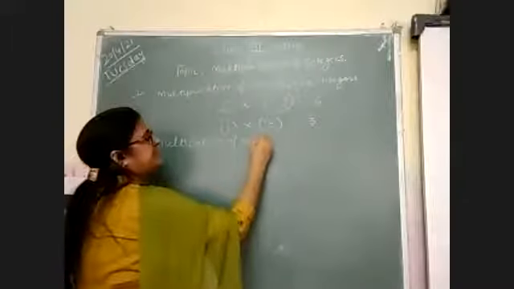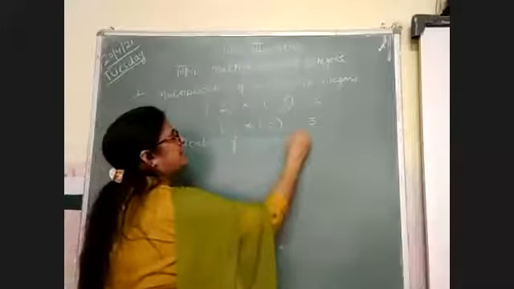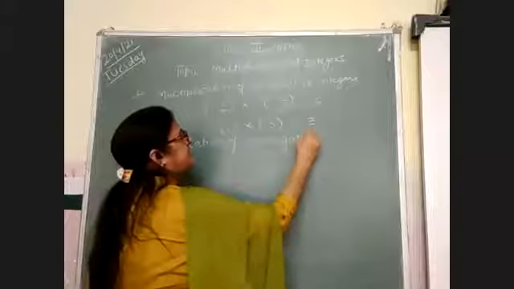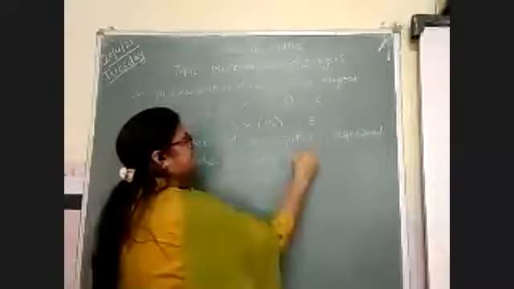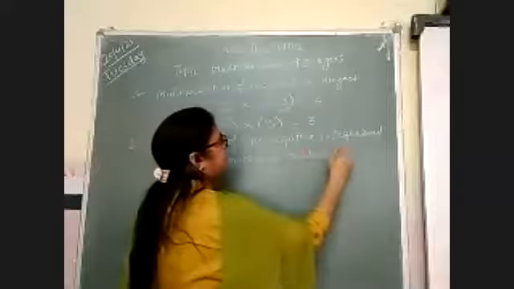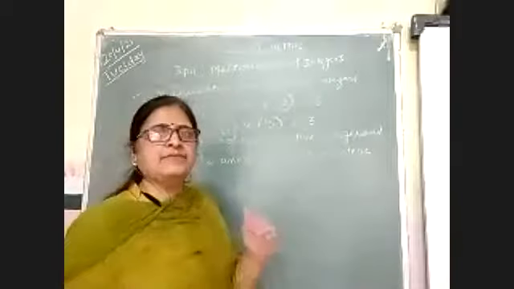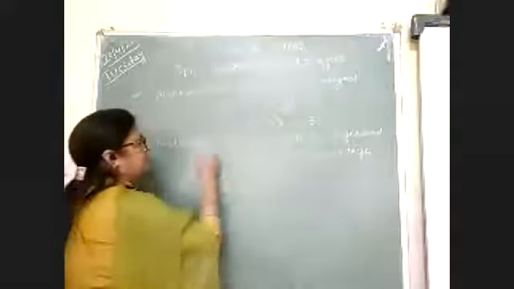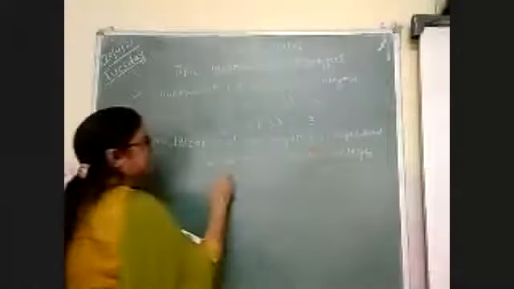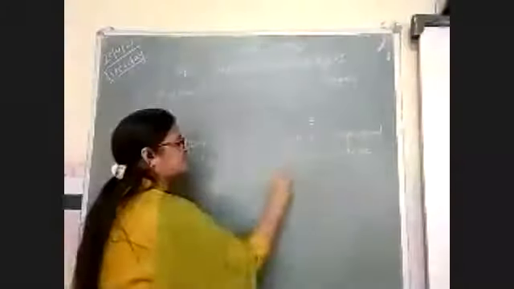The next case, case 2, is multiplication of one negative integer and another positive integer. One is negative and the other is positive. When one integer is negative, I will tell you the method. First I have taken -3 and the second I am taking +2.